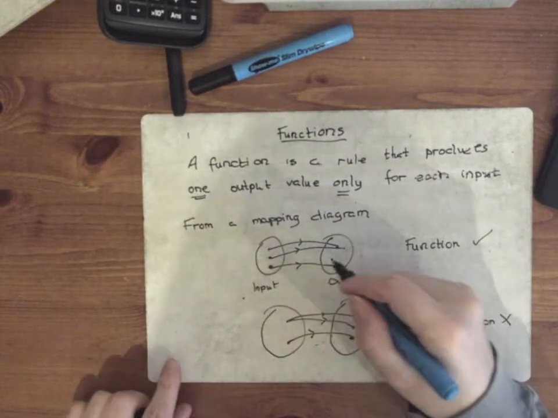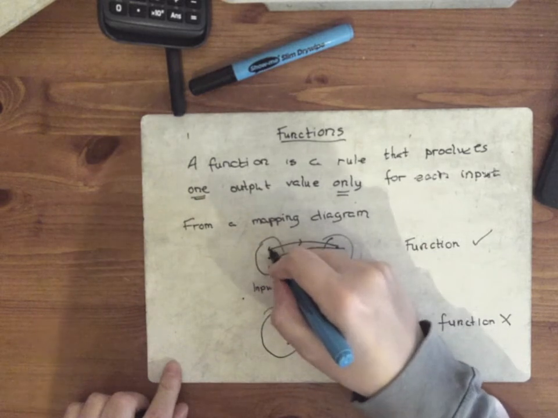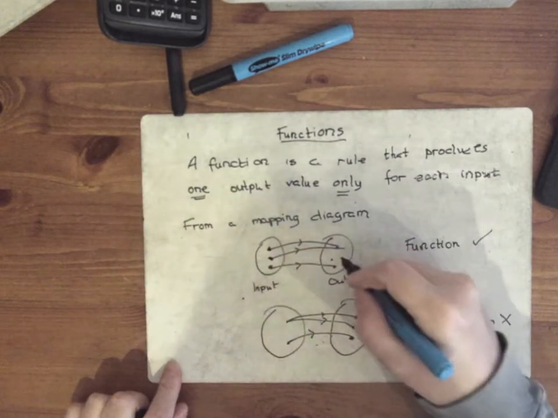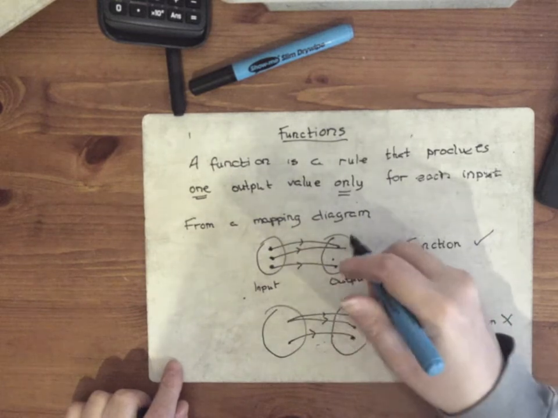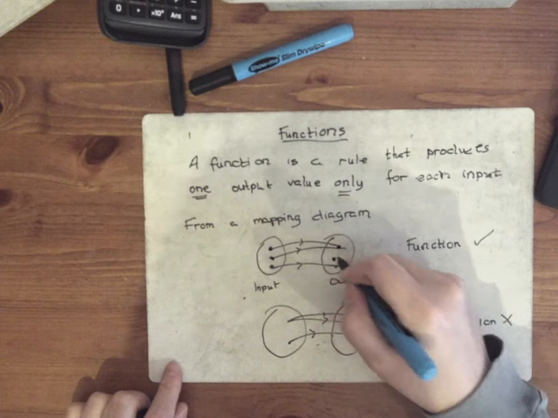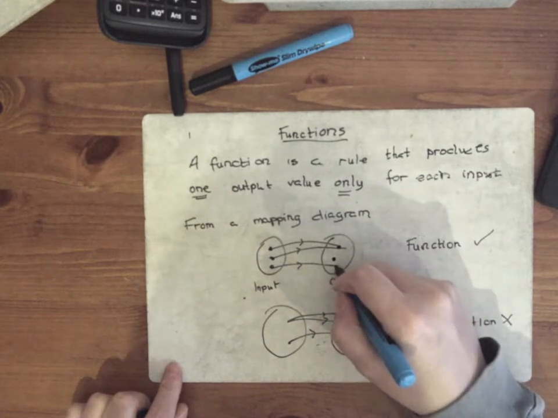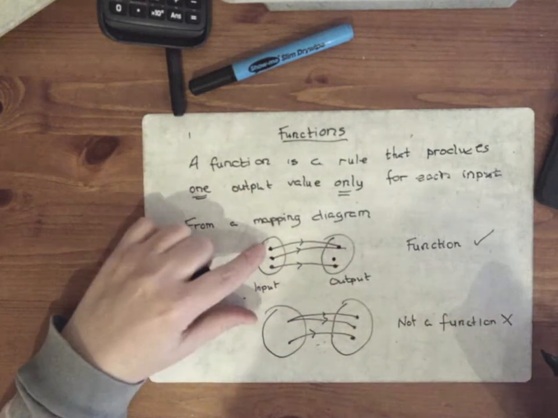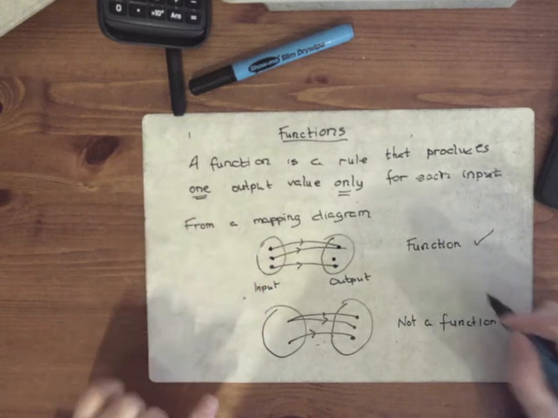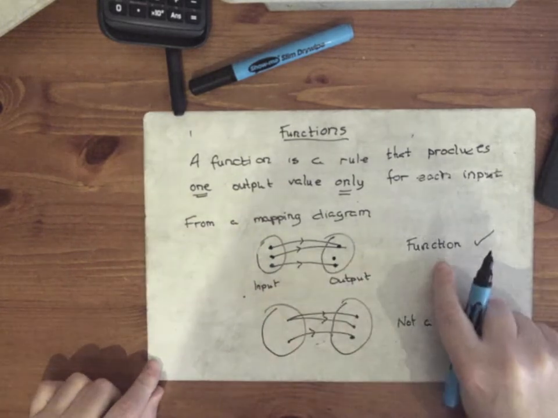From a mapping diagram, there's exactly one arrow leaving the input. It doesn't matter where the arrows are going, it doesn't matter that two arrows go to the one spot, or that nothing comes to this spot, as long as there's exactly one arrow leaving everything here. So the first one is a function.